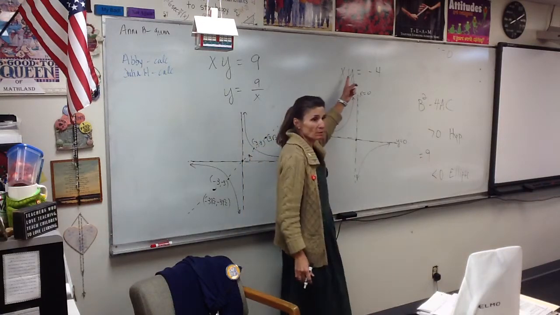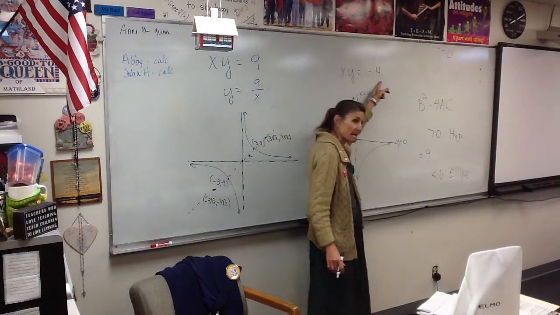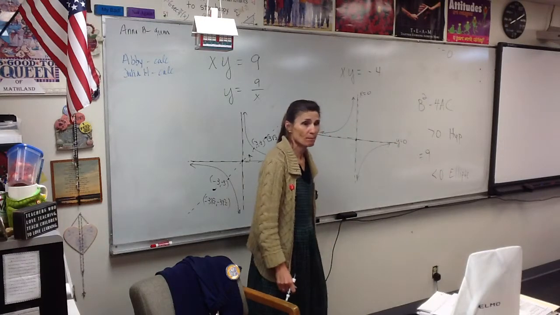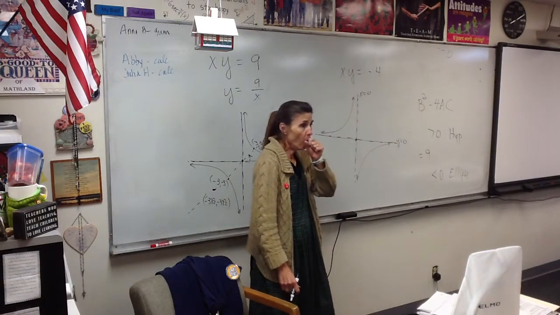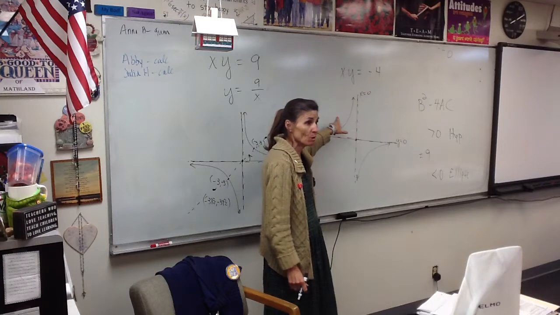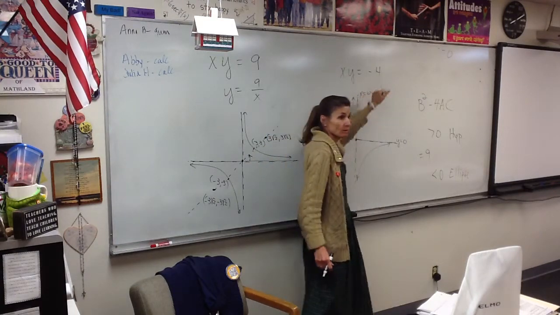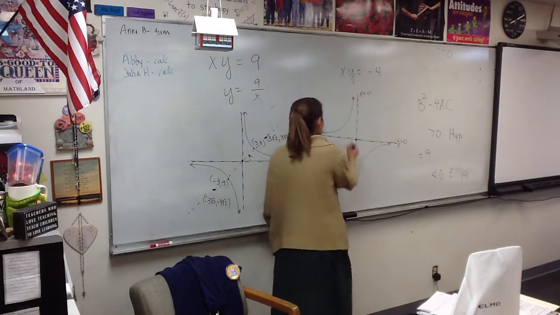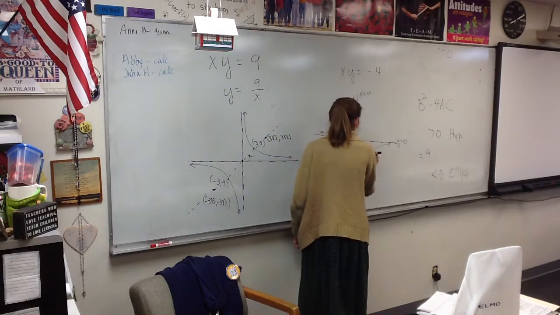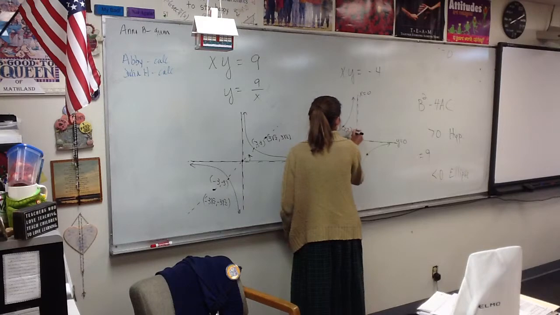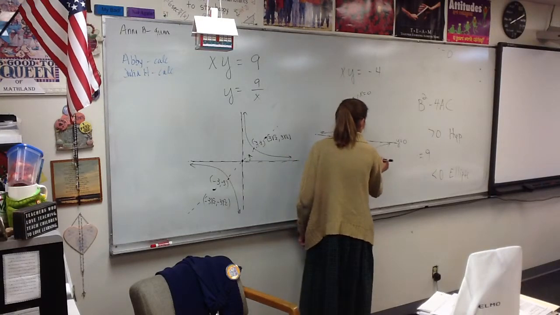Because if you're going to multiply two numbers and get a negative, what do you know about the two numbers you're multiplying? One is positive and one is negative, right? Isn't that how we get a -4? Where do you think your vertices are? -2, 2, and 2, -2.